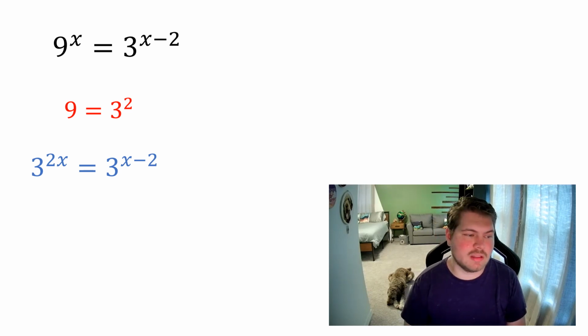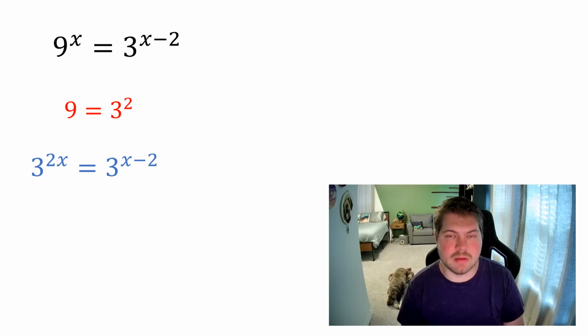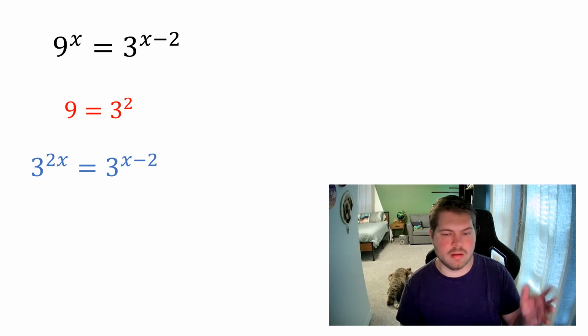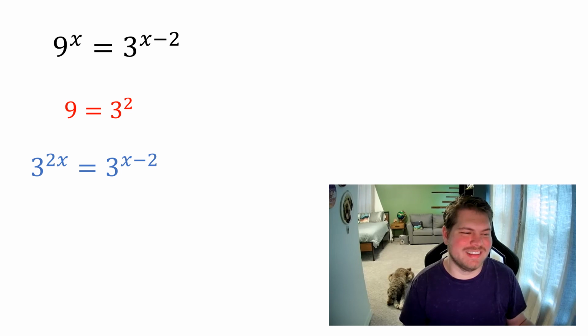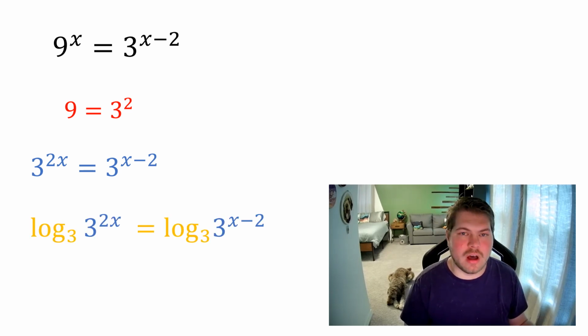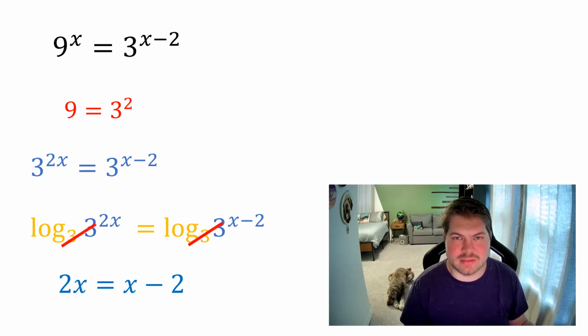So you can either think that we're just going to focus on the exponents since they have the same base. Or you can think about when you log both sides, all you're left with is your exponents.